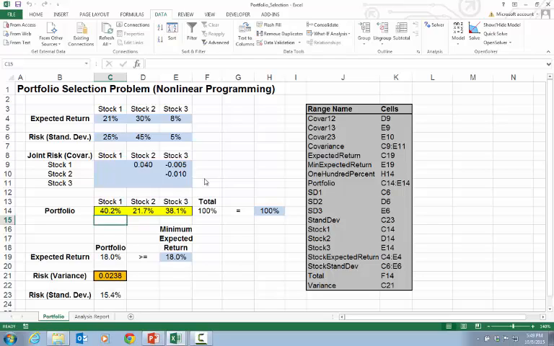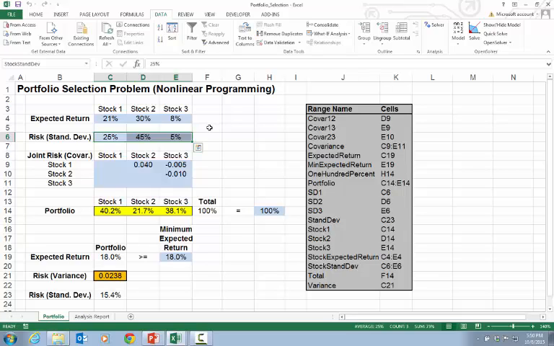It's got the percent of the portfolios. They total 100%. It delivers exactly an expected return of 18%, but it has a risk of standard deviation of 15%, which, if you notice, of course, is somewhere between going all in on stock 3, which is your minimal risk standard deviation of 5%, versus stock 2, which has a risk of 45% in terms of standard deviation.